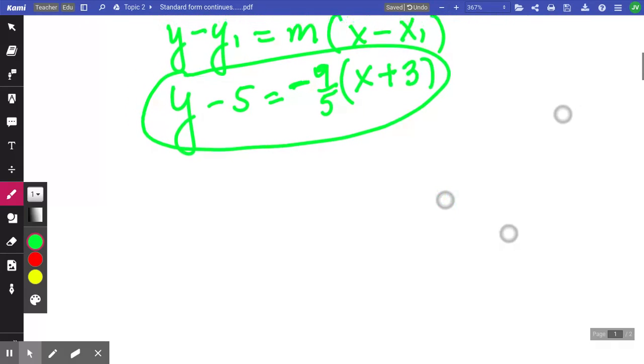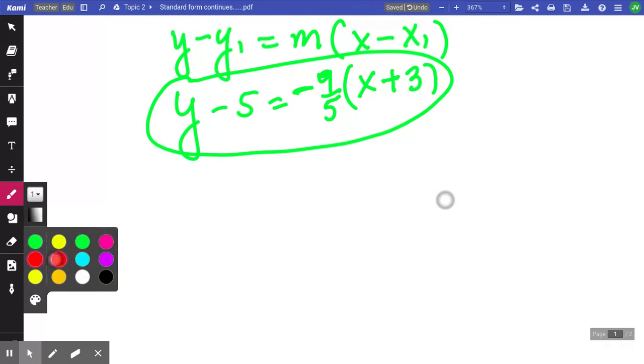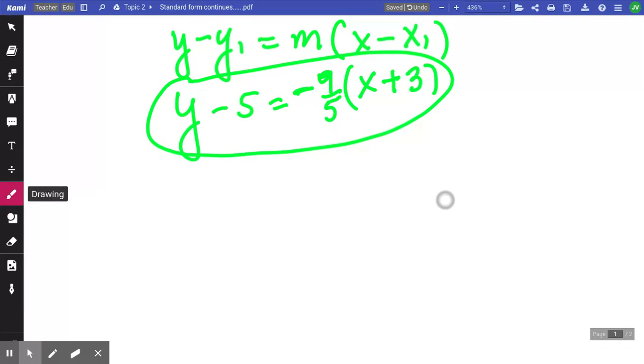I'm going to use that form now to write it in standard form. Okay, so let me get started. As I showed in the previous video, I can cancel the 5 from here, because when we put it in the form ax plus by equals c, a, b, and c will be integers.